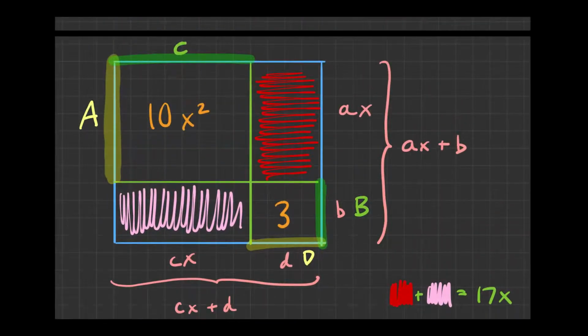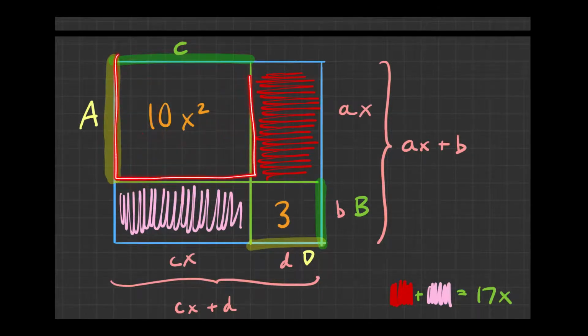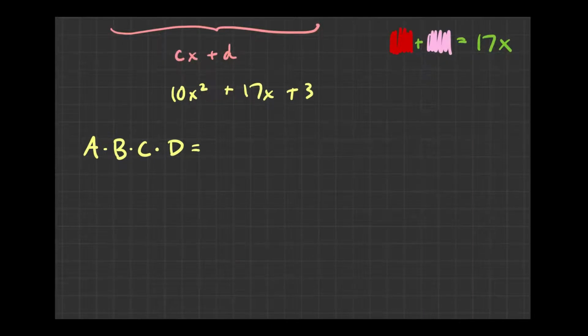Okay, well, let's see. I know that A times C is 10x squared, right? So this area right here, this is A times C. So A times C is equal to 10x squared.